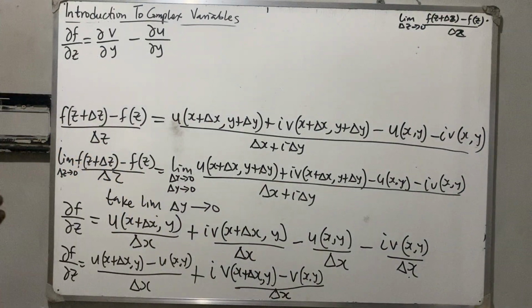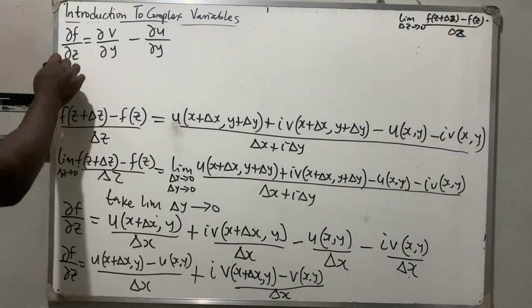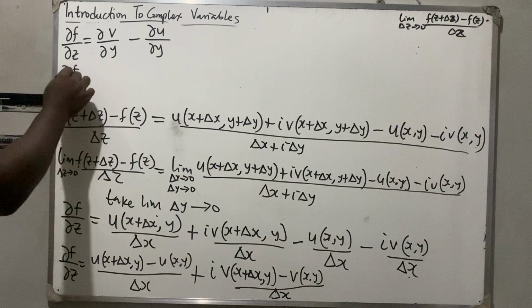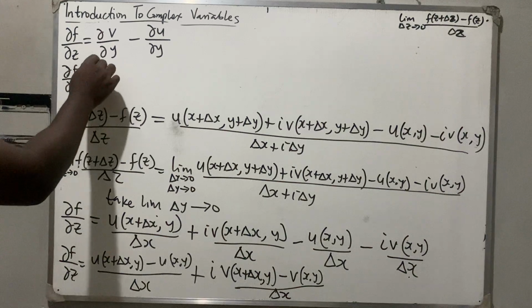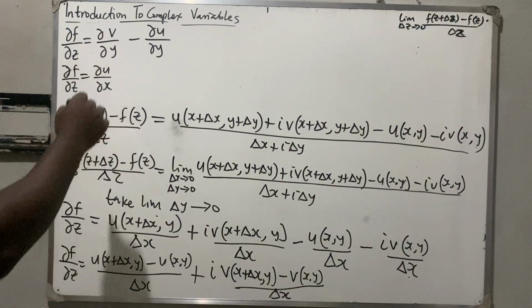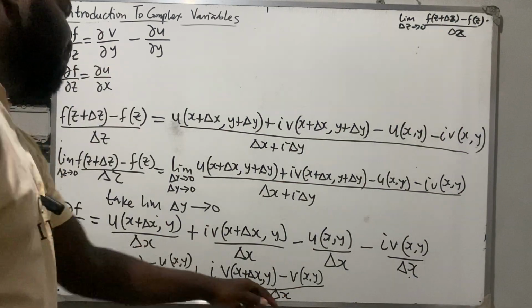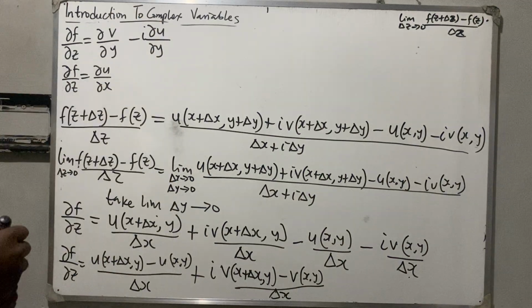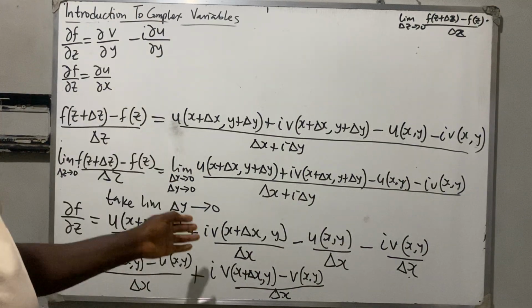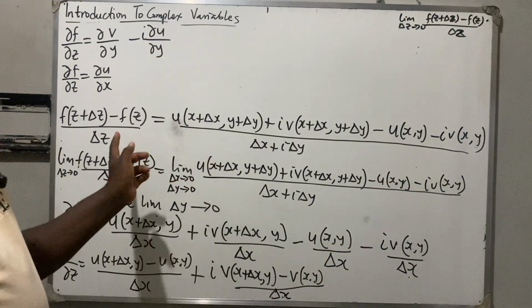Okay, so now you see that for the second part, I have the same partial f over partial z. This side will now be partial u over partial x. So this one will now be partial v over partial x. But there's i in it. Sorry, I forgot that there is i in the other one. Remember when I rationalized, the i was up, so I forgot to put it.